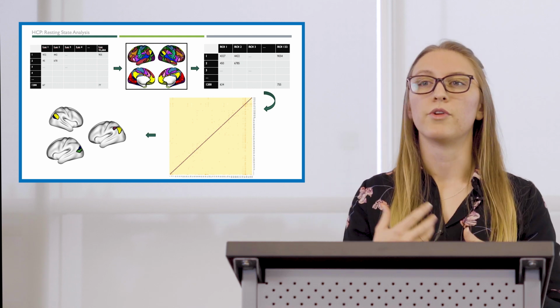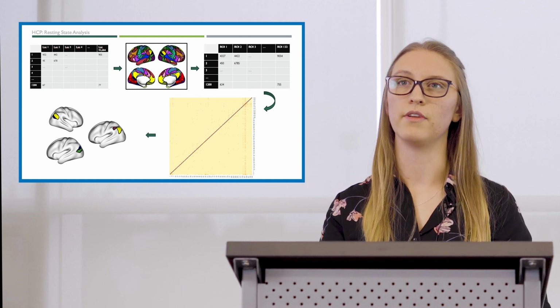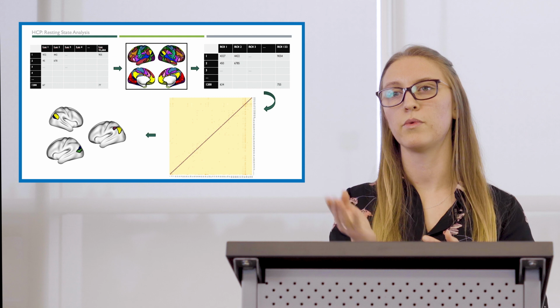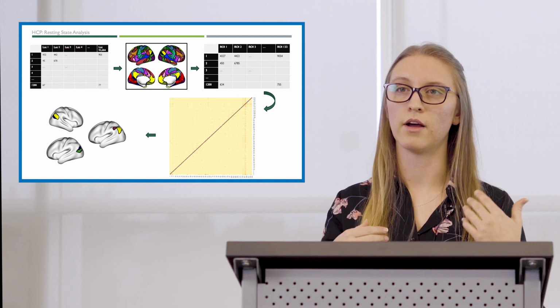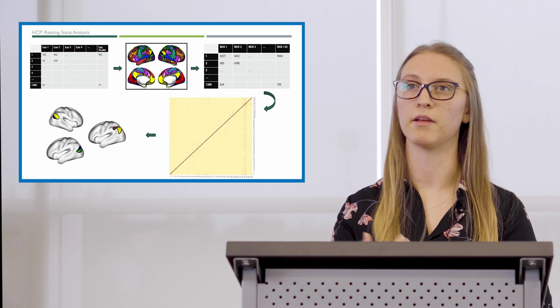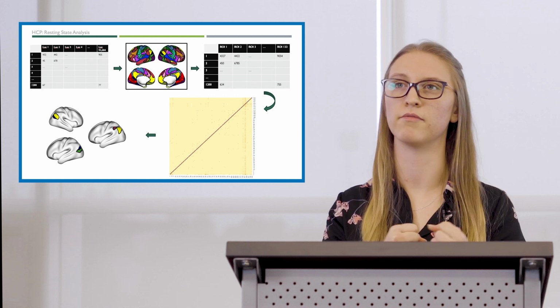But essentially what we're doing now is looking at the strength of connectivity between each of these pairs of regions. So that's what we get this yellow connectivity matrix from. Now, the correlation coefficient basically just measures how strong the relationship is between two different variables.